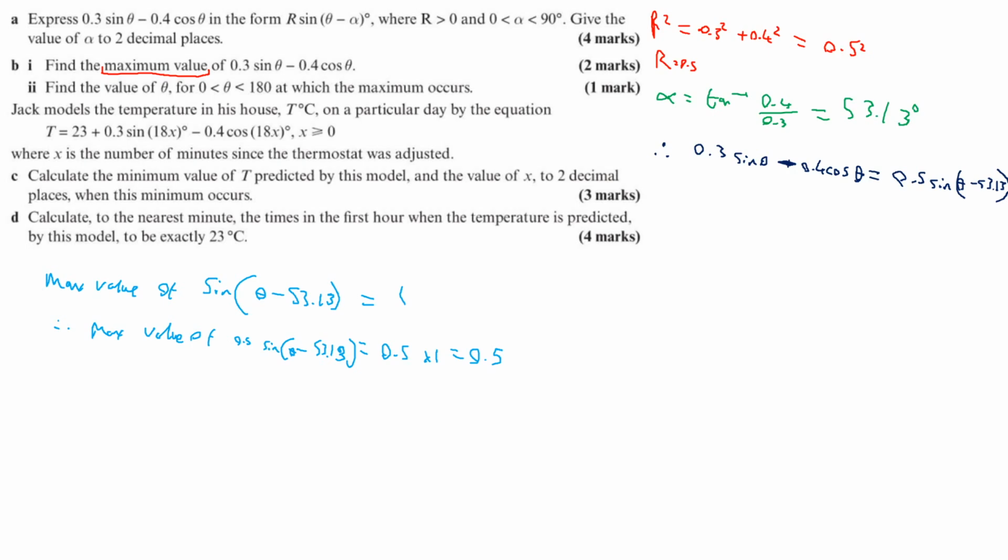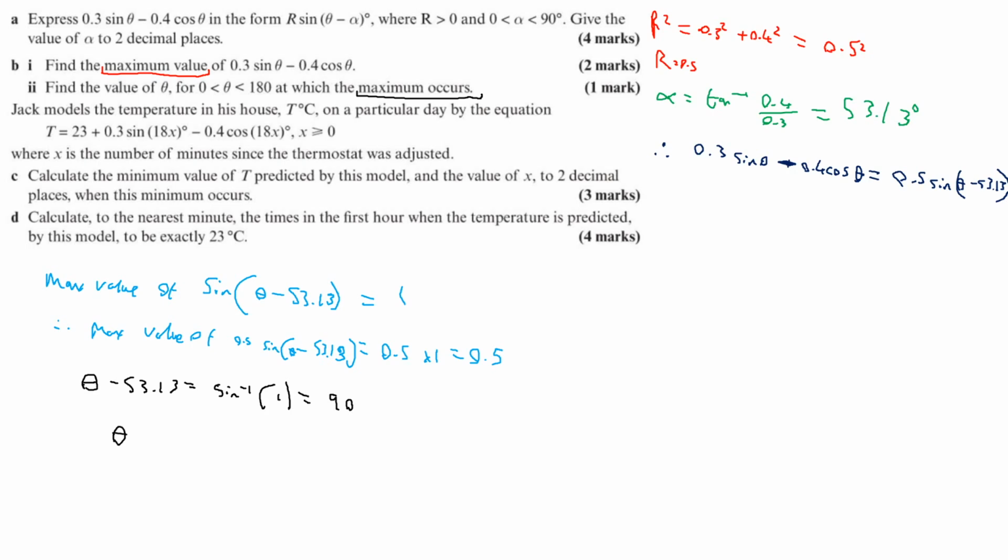And now what we need to do is to find the value of theta at which this maximum occurs. So all we're going to do is say that theta minus 53.13 is equal to the arc sine of 1, which is equal to 90.